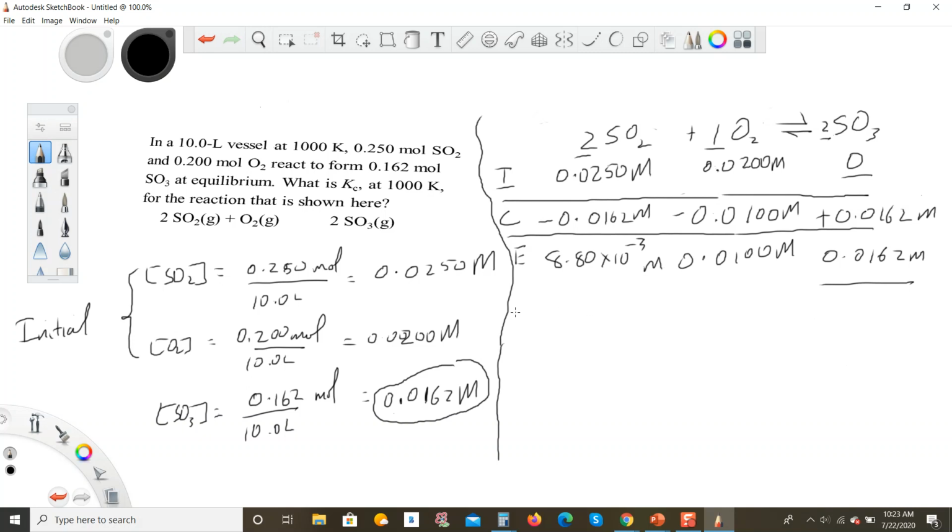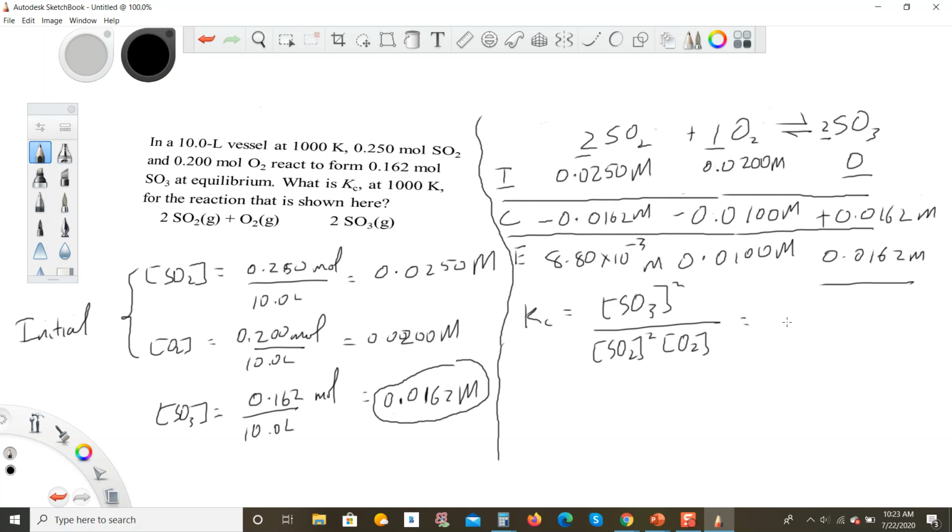So to find Kc, the Kc expression would have to be written for this equation, which is the concentration of SO3 squared divided by the concentration of SO2 squared times the concentration of O2.